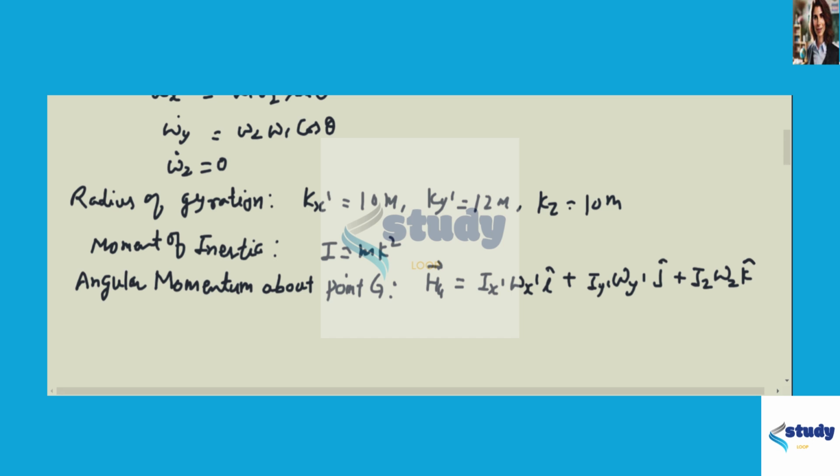Substitute the values. So the angular momentum about the centroid G, you can write, m into 10 square omega x dash i dash plus m into 12 square omega y dash j dash plus m into 10 square omega z k. M you can take common.